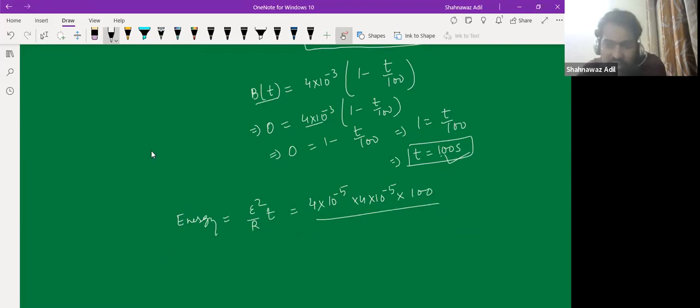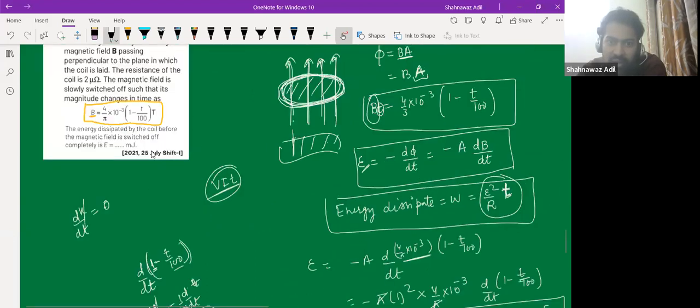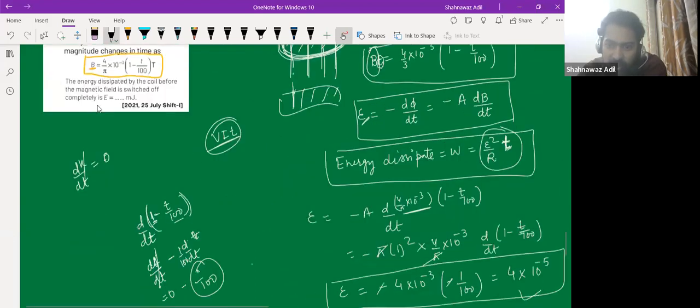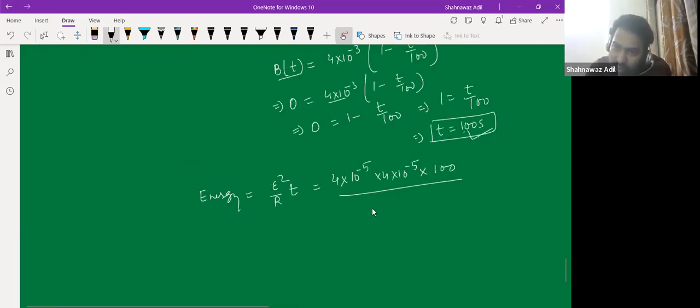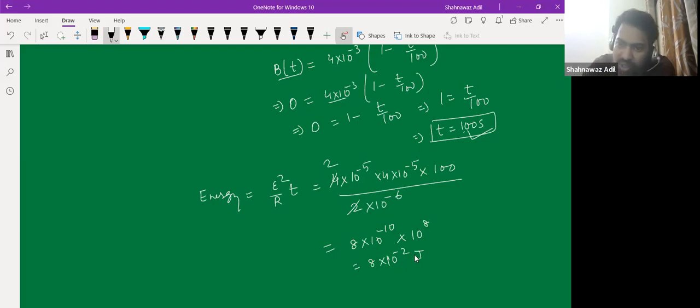R is 2 micro, so this minus 6 goes above. So this would be 8 into 10 to the power minus 2 joules. So this would be the energy.